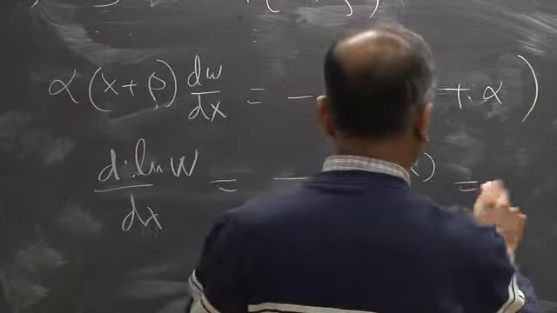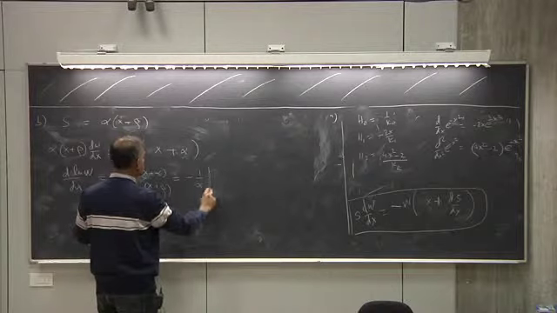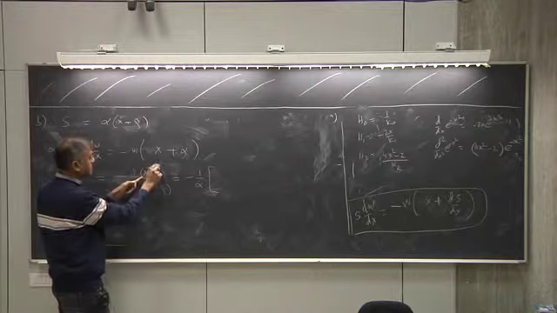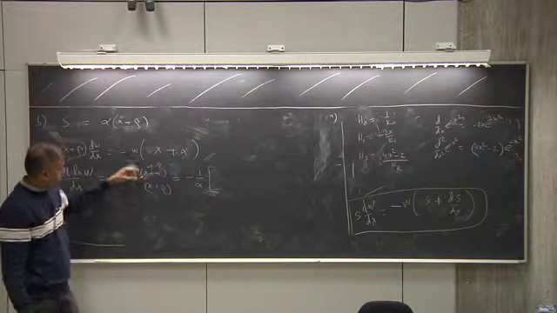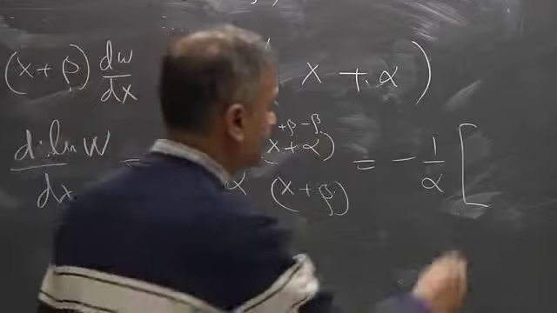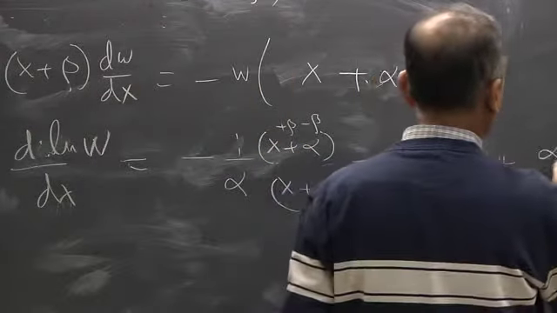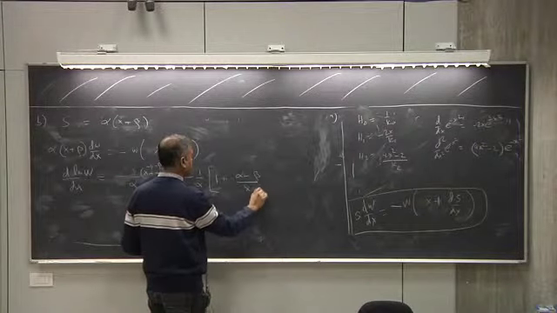What is this? Minus 1 over alpha is outside, and here I can add and subtract a beta. So (x plus beta) divided by (x plus beta) is 1, and the other remaining thing is plus (alpha minus beta) divided by (x plus beta).